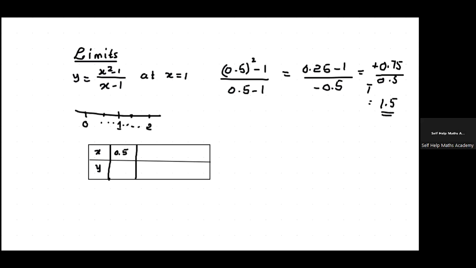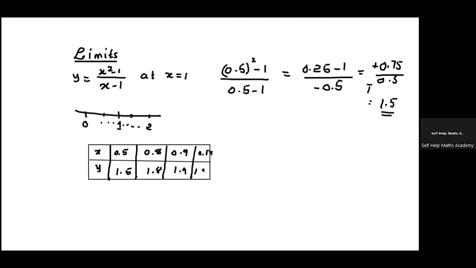So you understand, by substituting the value of x equal to 0.5, I've got the value of y as 1.5. Similarly, if I substitute the value of 0.8 in this particular equation, then I'll get 1.8. And if I substitute 0.9, then the value will be 1.9. And if I substitute 0.99, then the value of this function will be 1.99.